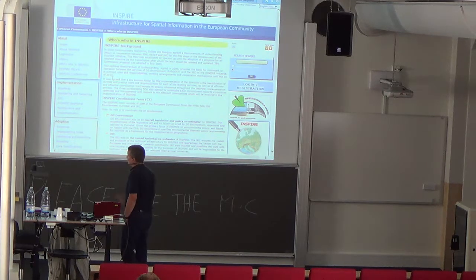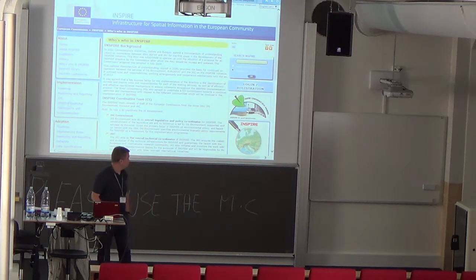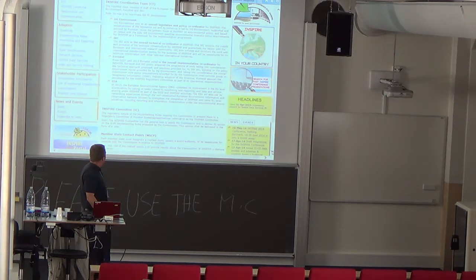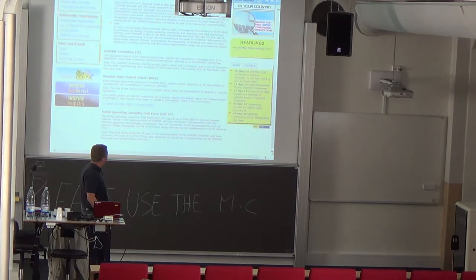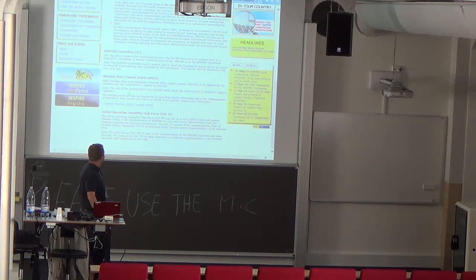So starting with DG Environment, JRC, if we go a little bit down, Eurostat and the European Environment Agency, the Inspire Committee, who are the members, member state contact points, so which are the national contact points, who is involved. You can find the list of the contacts. I will not go through it.